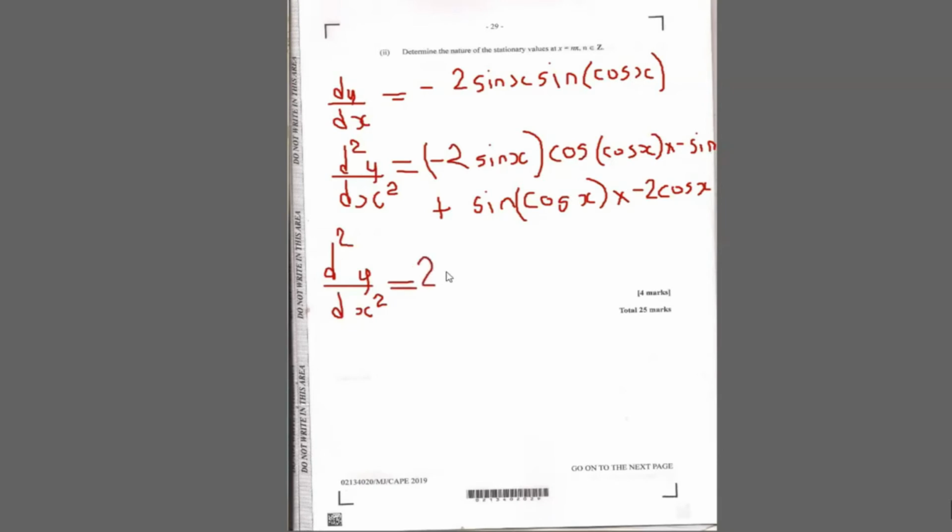So this becomes 2 sine squared x, then right here now we have 2 sine squared x cos x times the cos of cos x, minus 2 cos x times the sine of cos x.